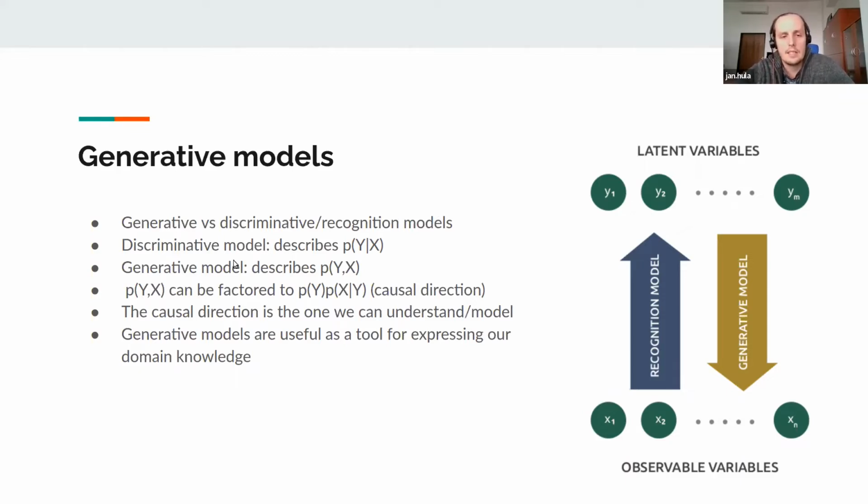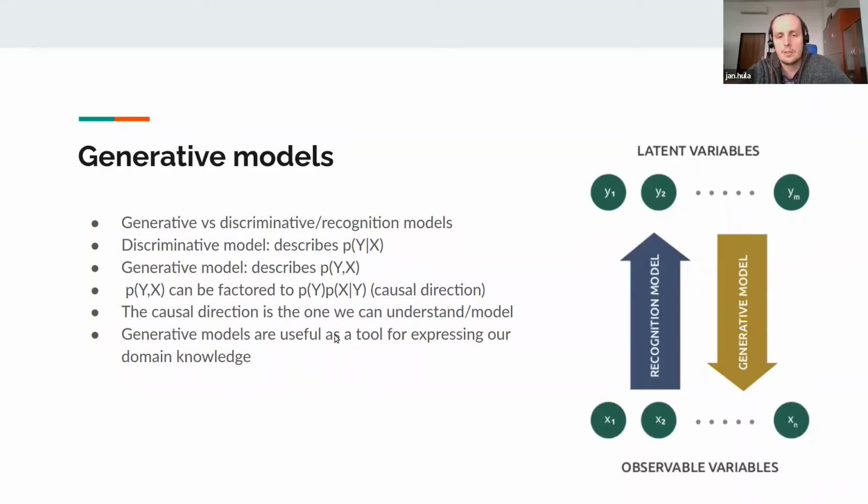And then generative models contain more information, because they also describe the distribution of the observed variables. So here it describes the joint probability of y and x, which usually can be factored as p of y times p of x given y. This is the generative process which describes how the observable data is being generated.